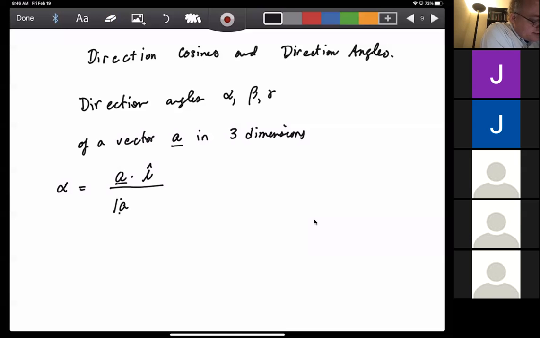Use underbars for vectors. Remember that the vector i is a unit vector.